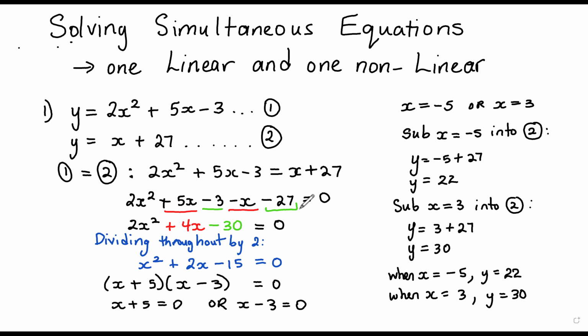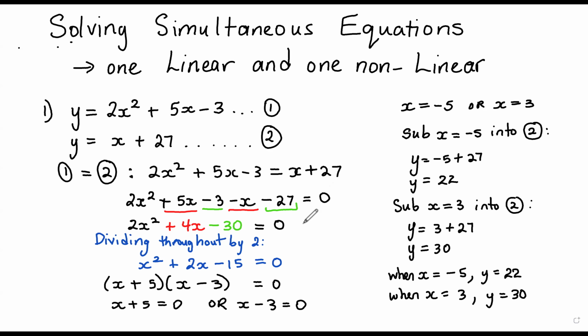So I now simplify my equation by grouping my like terms, right? So you have 2x squared by itself because there's no other x squared term in that equation. So you have 2x squared, 5x take away x gives me 4x, and then minus 3 minus 27 gives me minus 30.